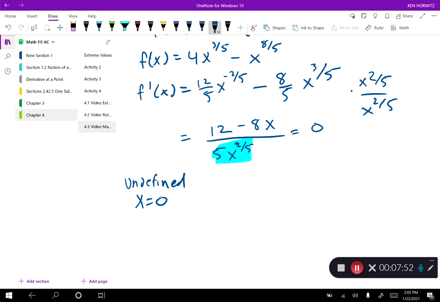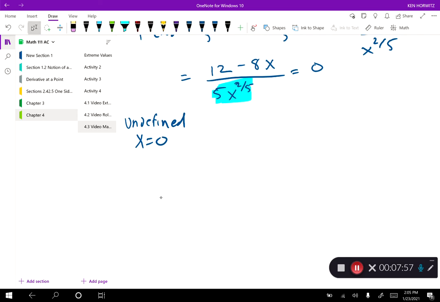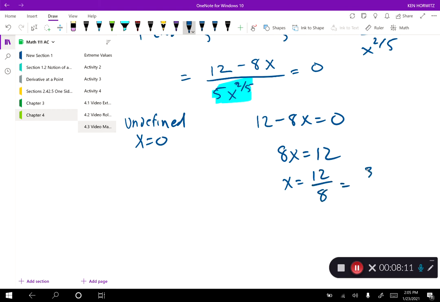Now where it equals 0 is where the numerator equals 0. So I have 12 minus 8x equals 0. Then I have 8x equals 12. X equals 12 over 8, which is 3/2. All right, so x equals 0 and x equals 3/2 are your critical numbers.